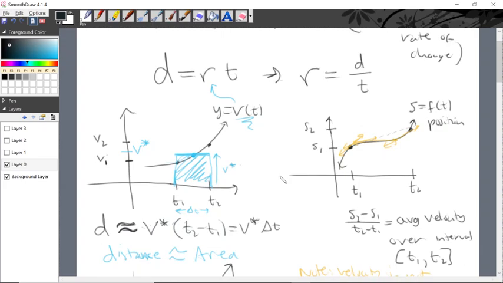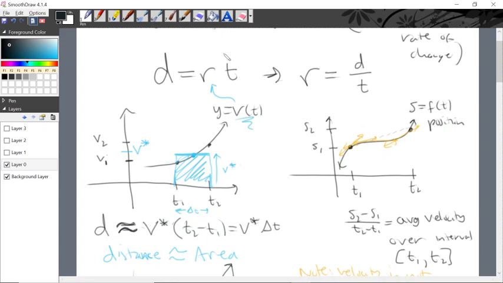Now the connection to differentiation. Again, the derivative of position is velocity. We know the derivative of the position function is going to give us the velocity. Isn't it also true that the antiderivative of velocity gives us position? The reverse of that process, and we studied antiderivatives just recently. The antiderivative of velocity is position.